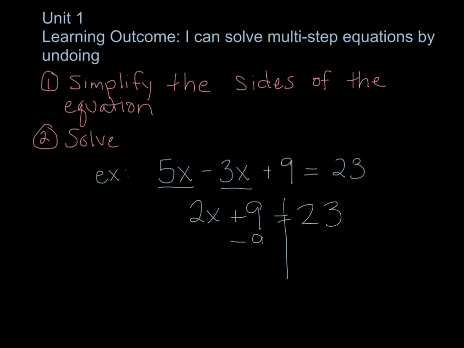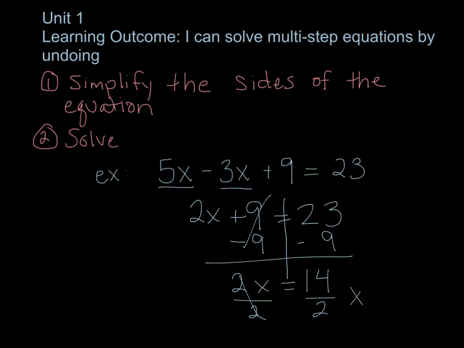I'm going to subtract 9. So 2x equals 14. Divide by 2. x is 7. And again, we could substitute this in.